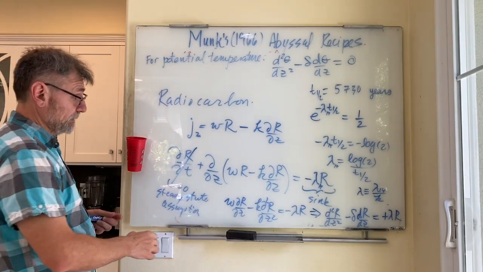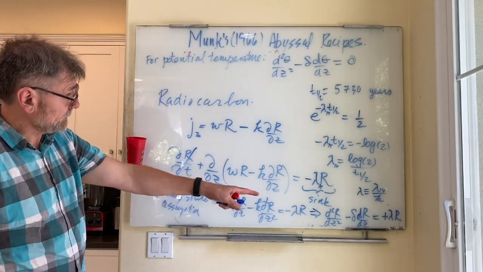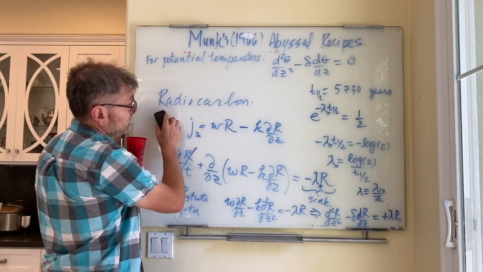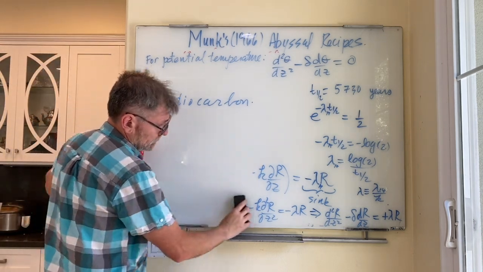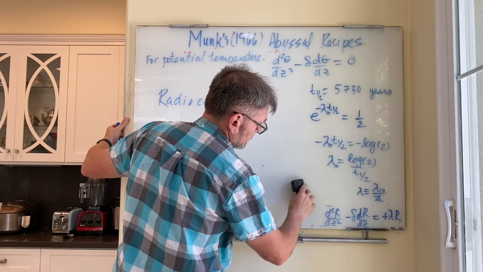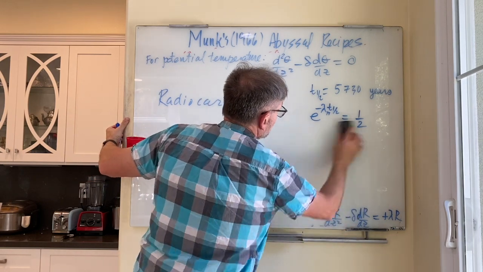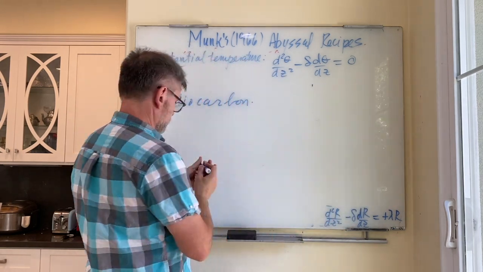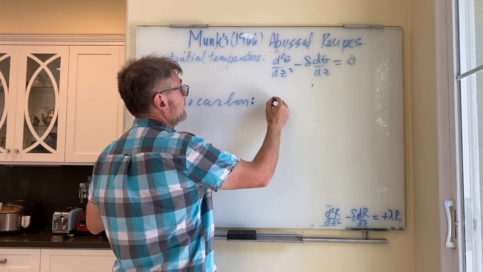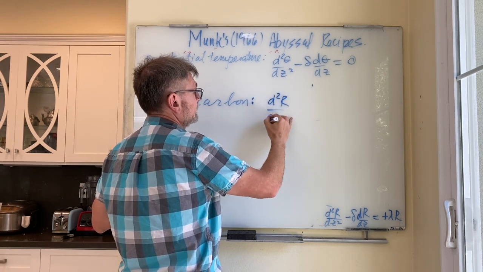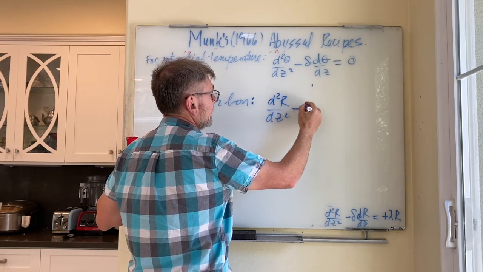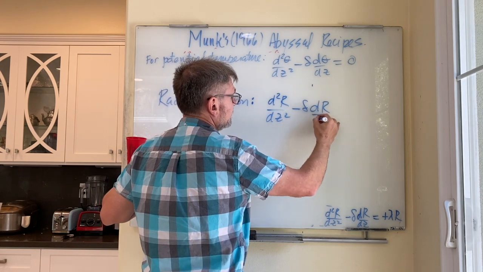Okay, so now let me copy my second equation up here. The second equation we have is d2R/dz squared minus delta dR/dz.